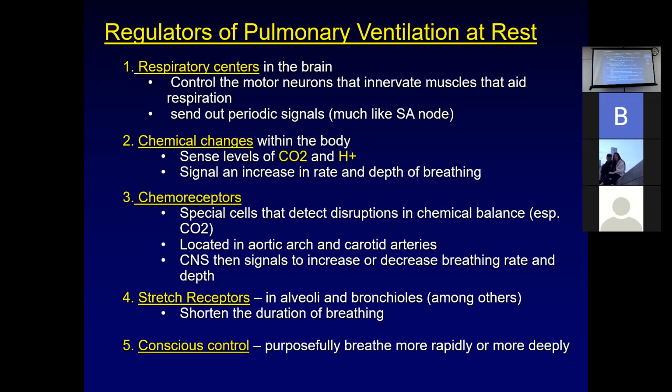Interesting. Okay, so what's happening while you guys are holding your breath that's making you feel that urge to want to breathe? Anybody know? CO2 is building up. CO2 in the breath. Okay?